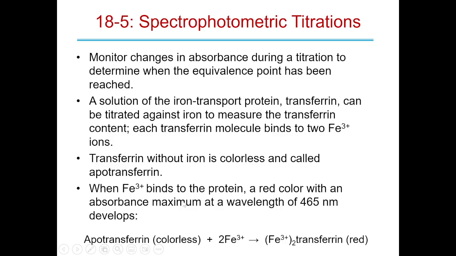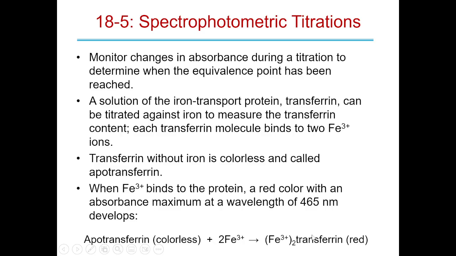When the iron 3+ binds to the protein, a red color develops, with an absorbance maximum wavelength of 465 nanometers. Remember that the color you see is the opposite color to the color it absorbs. Because what you see is what it releases, right? So this is the apotransferrin going to transferrin, which is red, right there.